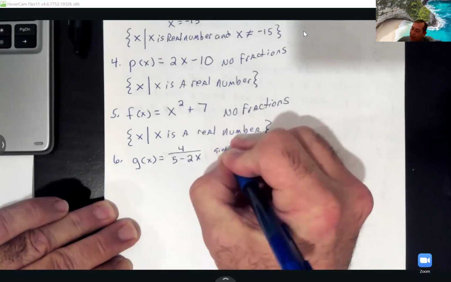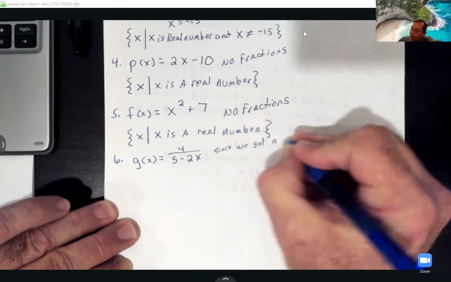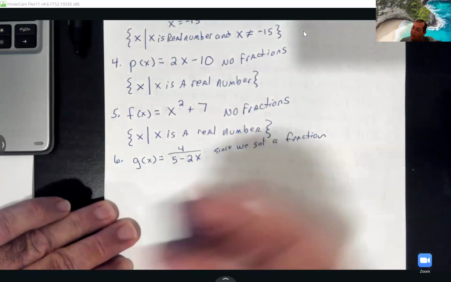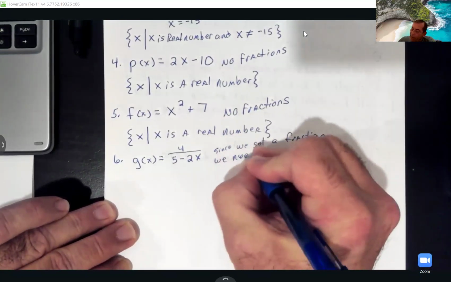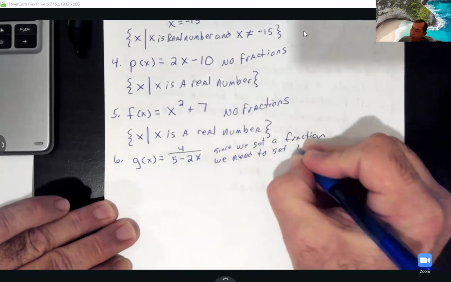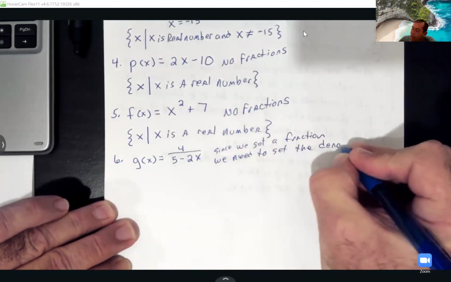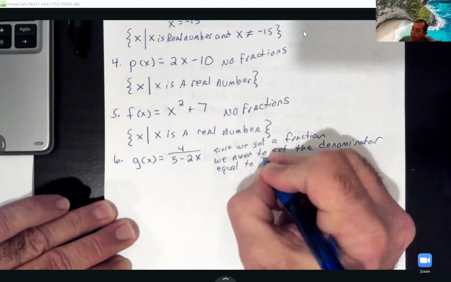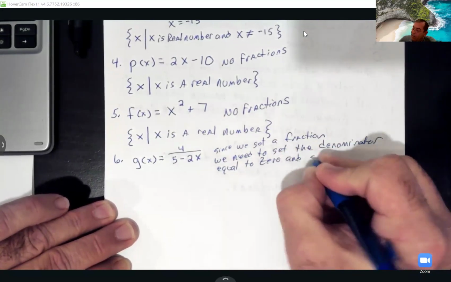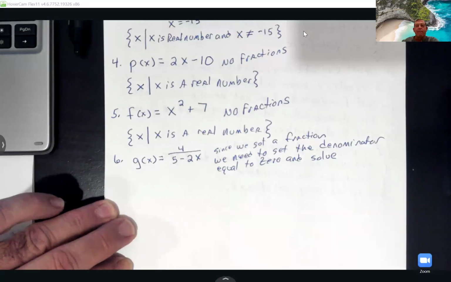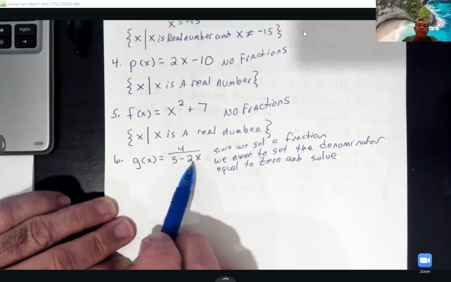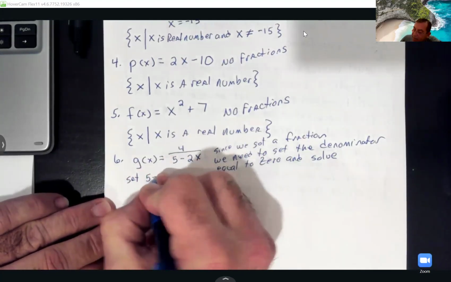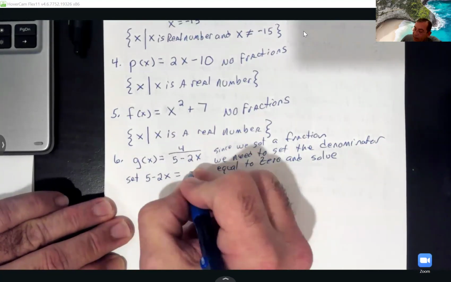So since we got a fraction, we need to set our denominator equal to 0 and solve. Okay. Now, I'm going to take 5 minus 2x. So I'm going to set 5 minus 2x equal to 0.